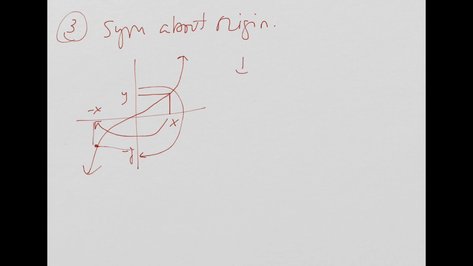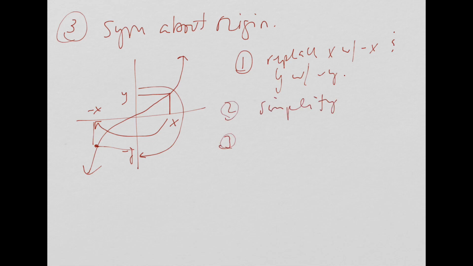So what we're going to do to talk about symmetry of the origin is you replace both. So we're going to replace x with negative x and y with negative y. Simplify, and then compare.